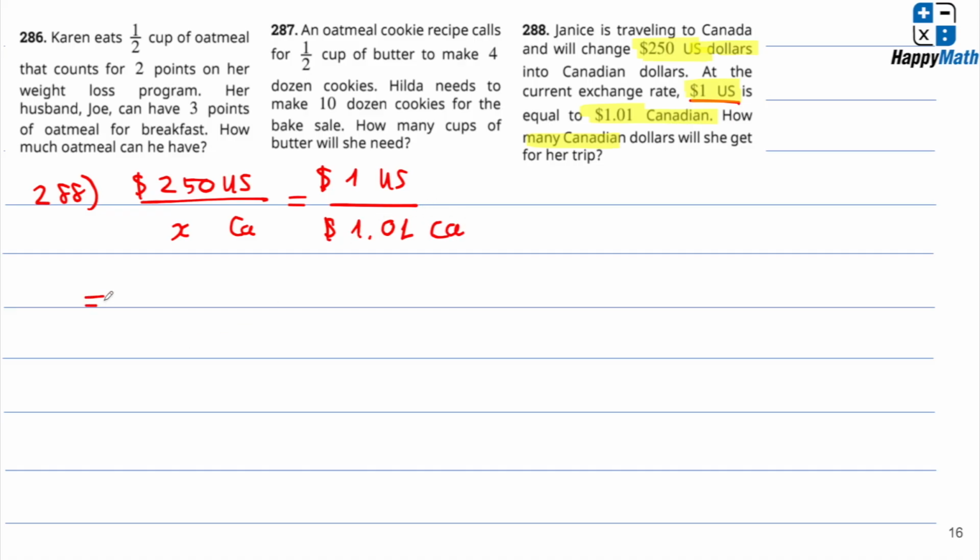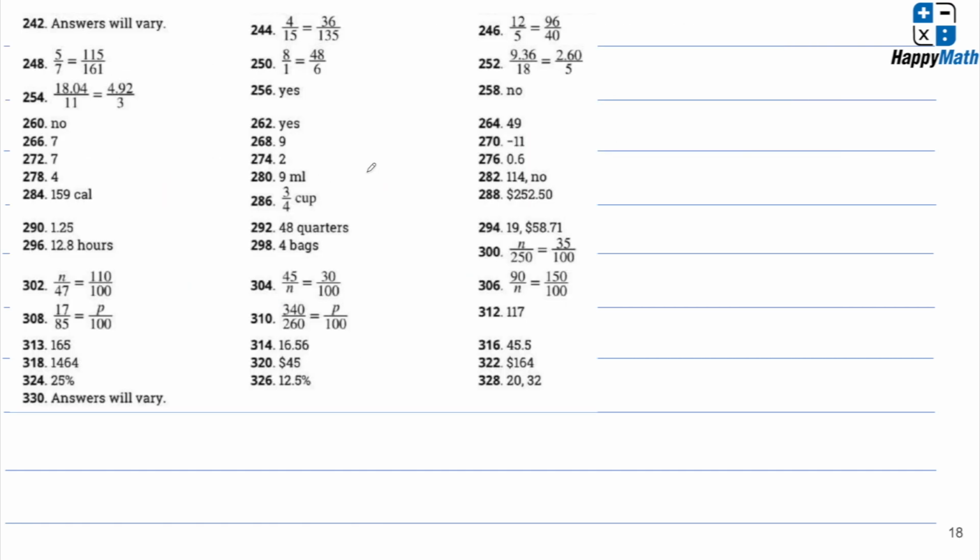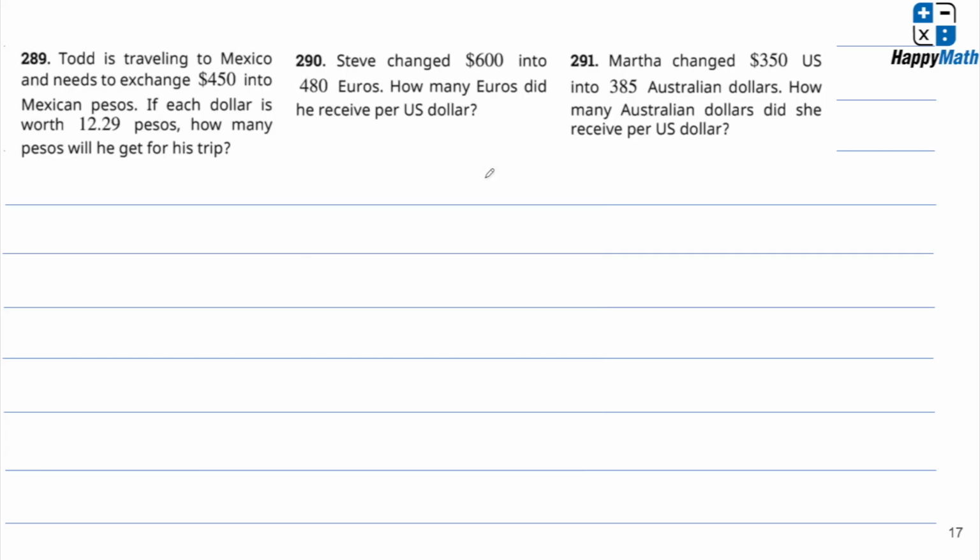Yeah, so we have this ratio with this number. Now care about the number only, and h times 1. So how about the result for this? 250 multiply 1.01, and you got 252.5 equal to h. So check this out, this question for 288, yeah, the answer is right.